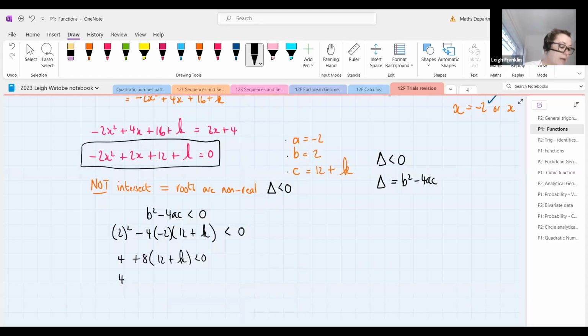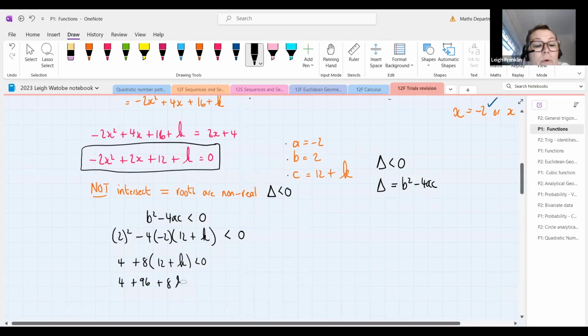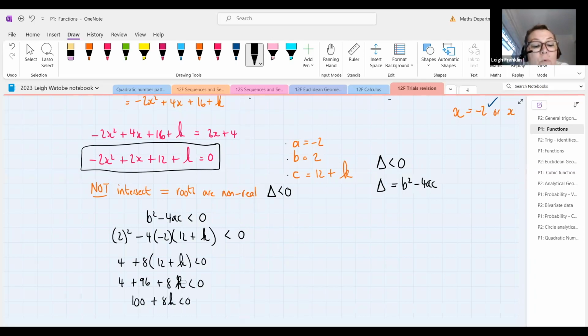So 8 times 12 would give us 96. So 4 plus 96 would be 100, plus 8k is smaller than 0.